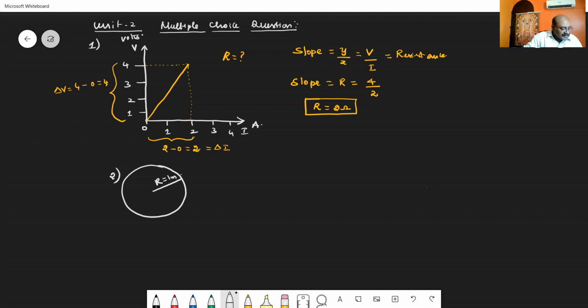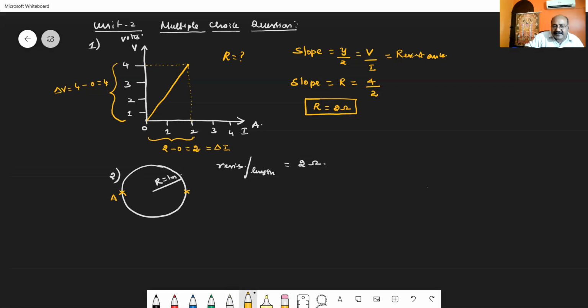What is given? Resistance per meter length is given. So I am writing resistance per meter length of the wire is equal to 2 ohm. Now what is asked is the equivalent resistance between two diametrically opposite points. So I am considering 2 points which are diametrically opposite.